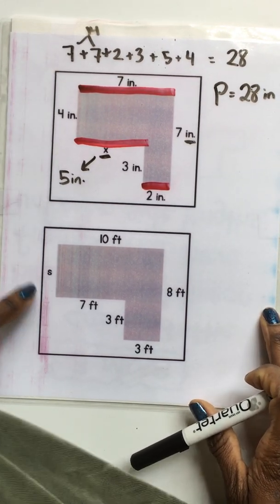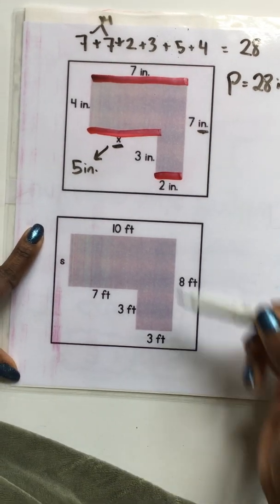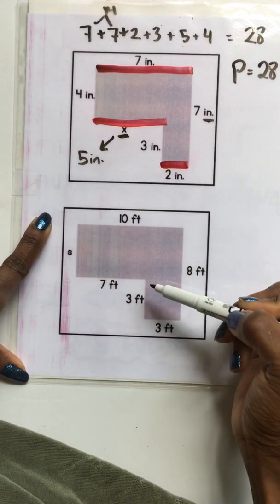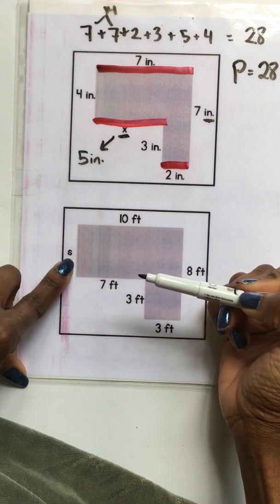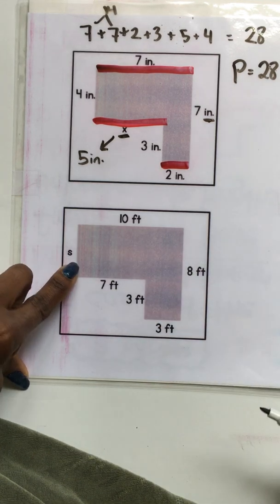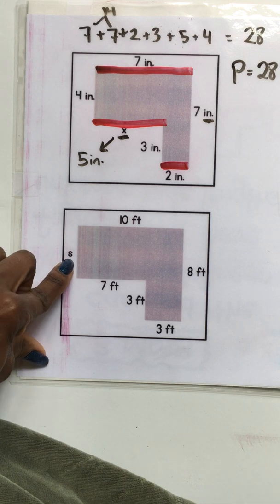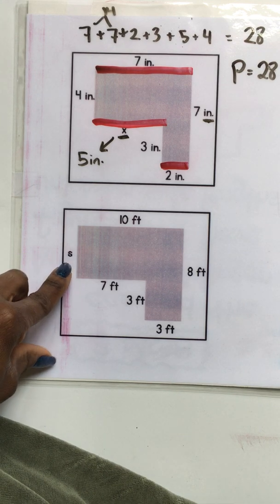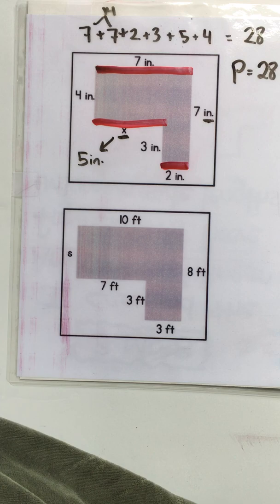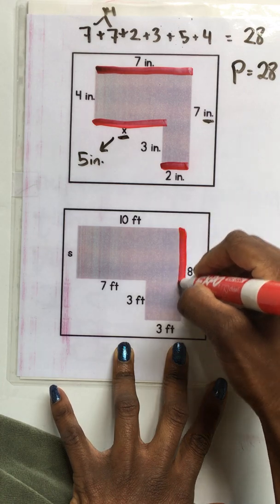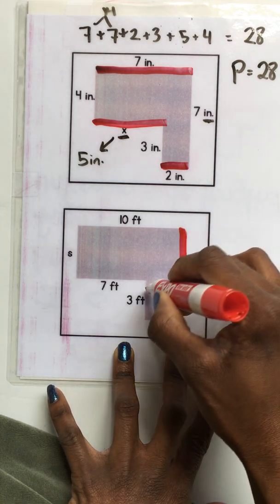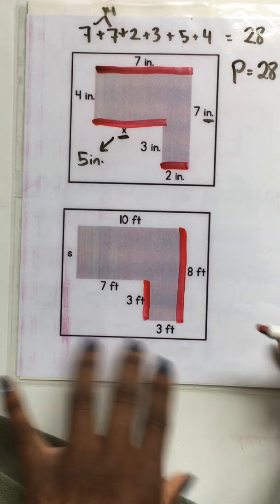Let's go ahead and look at the next one. Same thing. I have my rectilinear figure here, but it's missing a measurement on one of its sides. What is the unknown side? I can't find the perimeter until I know what that is. So I go ahead and ask myself, I know this length right here is 8 feet, and I know this is 3 feet.